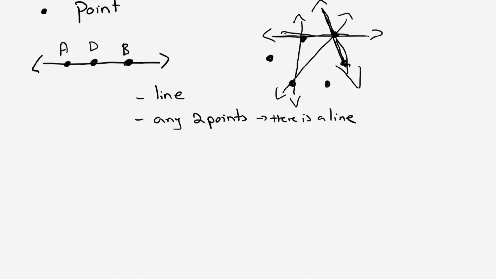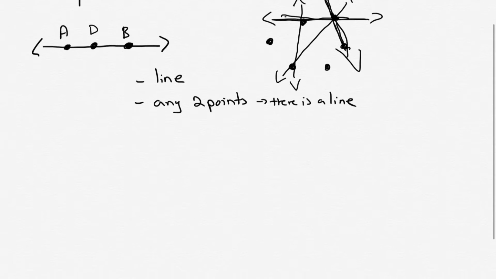Now, we're going to talk about naming lines in my next video. So if you want to get more information on that, just click right there and you'll be able to get that. But right now, I just want to go through the definitions and not get so in the weeds about it. Okay, so that is a line. So the line we know, any 2 points, there is a line, and also it goes on forever.